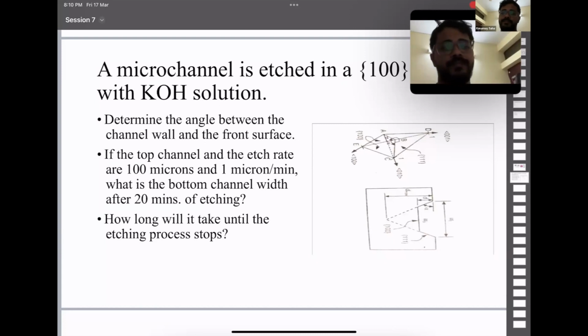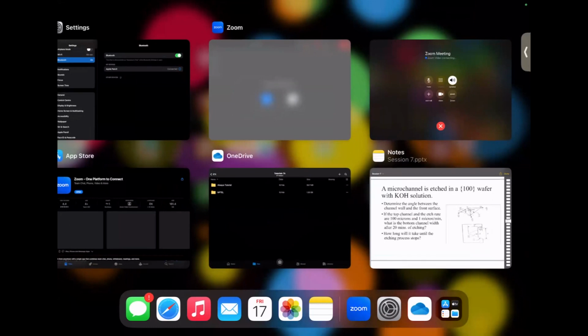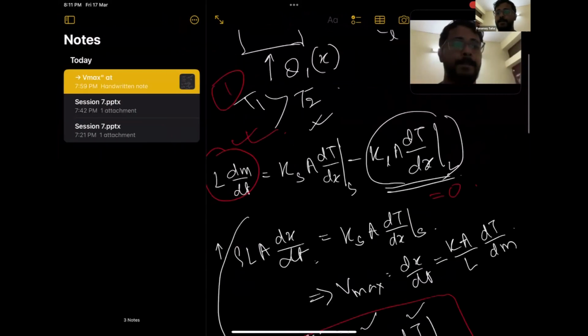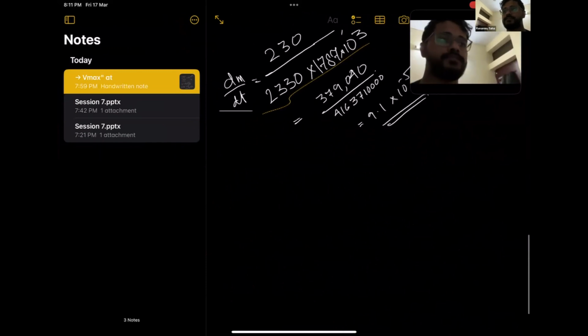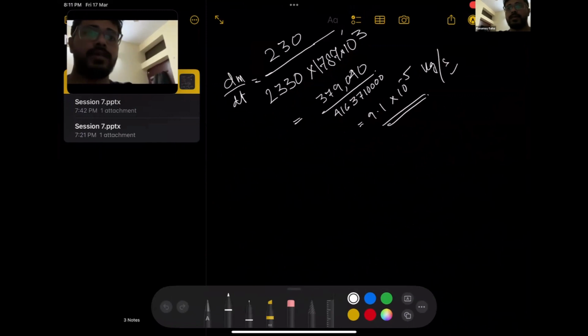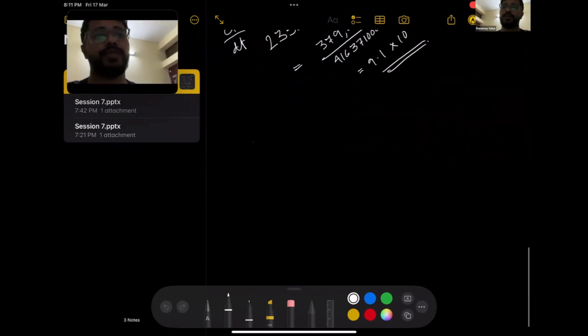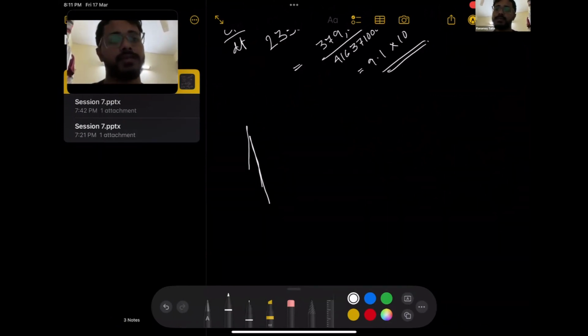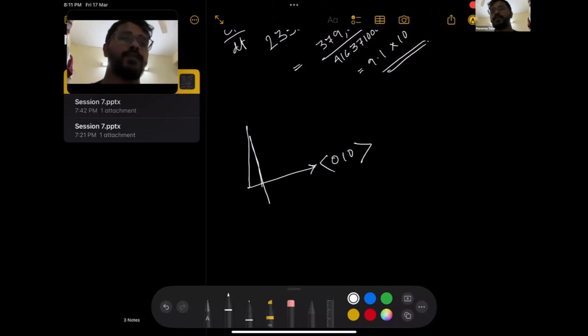Now, what I mean to tell you is, suppose, as per the diagram which is given to you, this is your line DE, and this is your AB. This is the 010 plane.